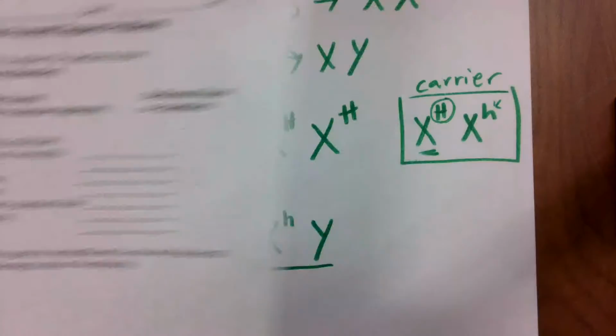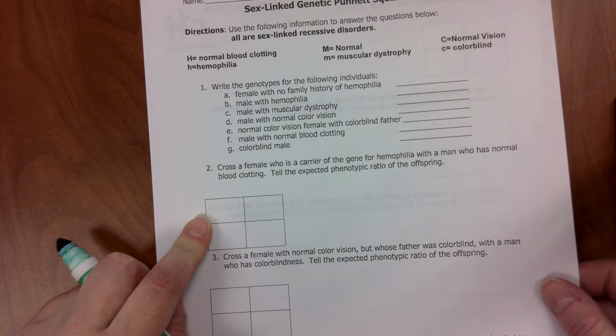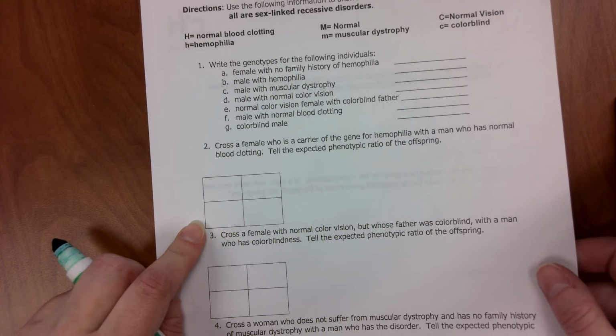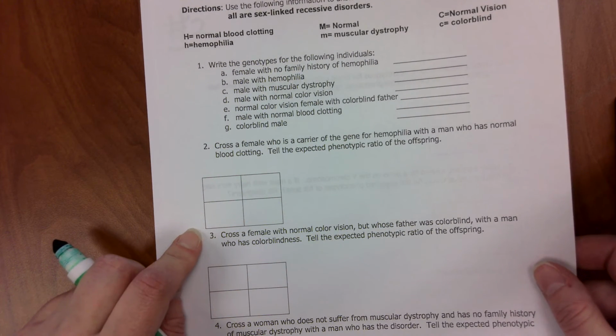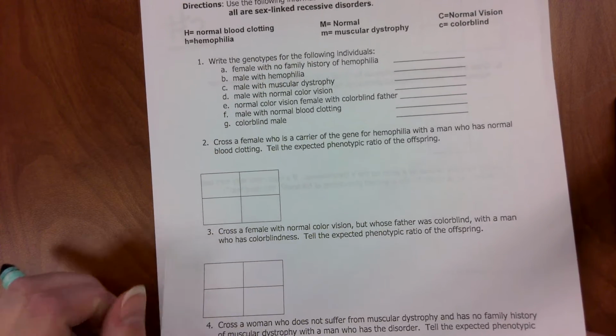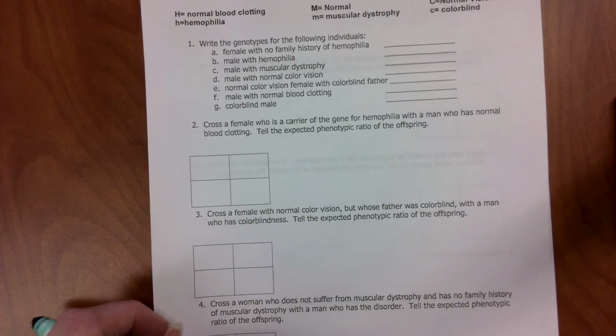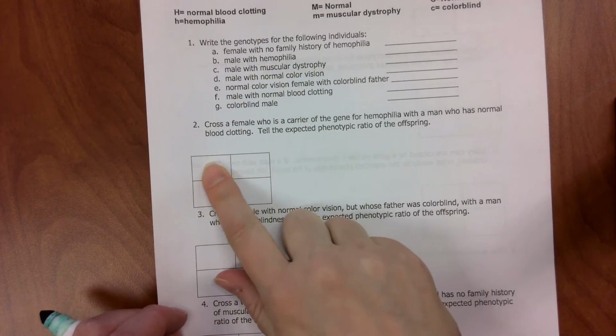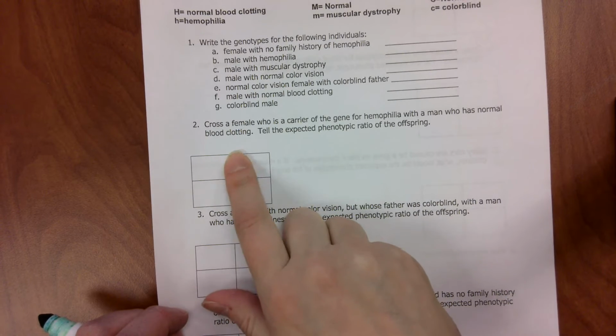Let's do number 2 here to see how you would do that. With number 2, now we're getting into the part where we have to put in your genotypes and do Punnett squares. So for here, we have to figure out the genotypes of our male and our female.